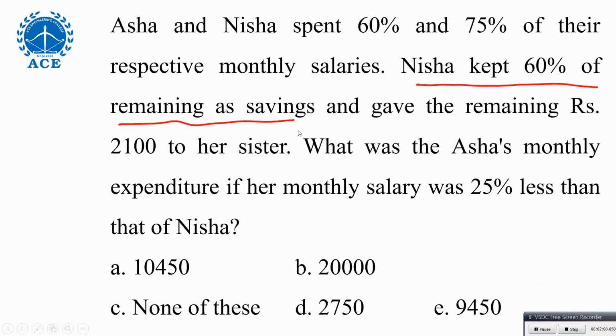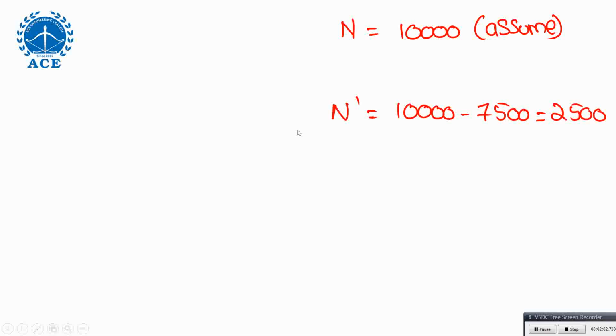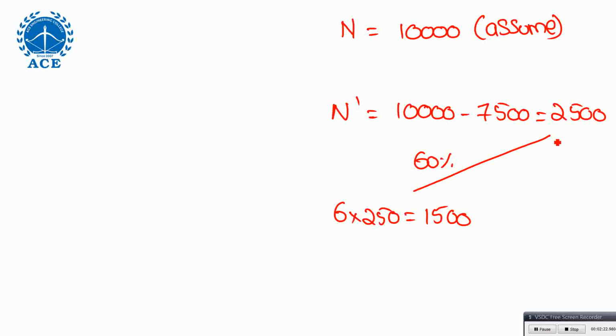So the remaining is 2,500, and among that, 60%. What is 10% of 2,500? 250. 60% means 6 into 250, which is 1,500 gone.